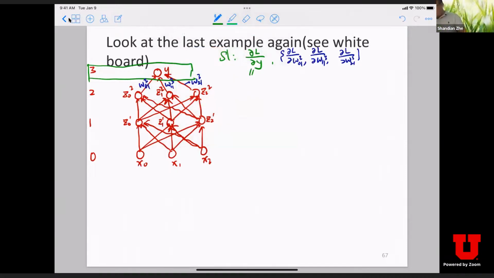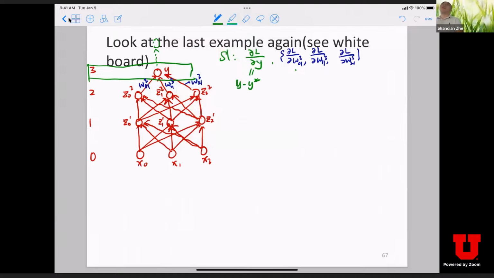Because we know that L is a direct function of Y, right? So you can just apply the function form of L to compute it. If your L is a square loss, it's simply Y minus Y star, right? And then with partial L over partial Y, how do we compute the partial derivative with respect to weights on edges pointing to Y?